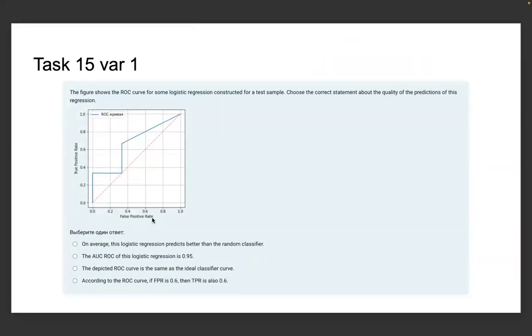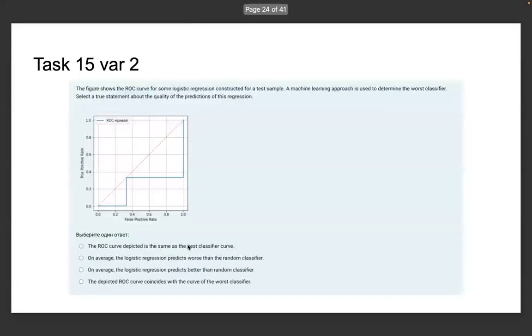Let's check it. When the false positive rate is 0.6, we have 0.8. It's not correct. So the correct answer is the first. Let's check it. Yep. Maybe somebody wants to try to solve the second variant, and I will help if it is hard.